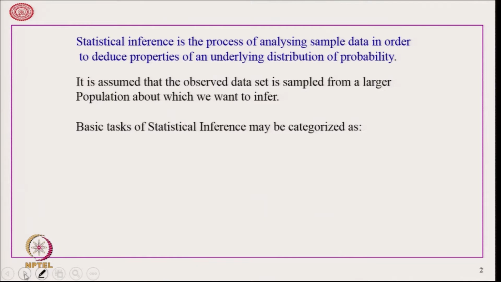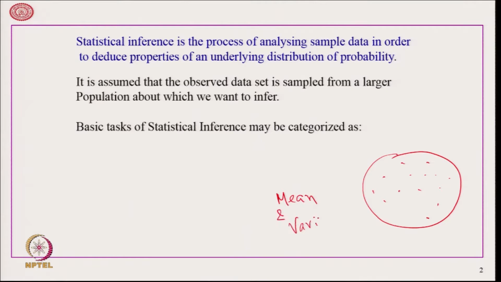Say for example, here is a population, there are individuals, the population may be very large and our aim is to understand certain properties of the population. Most important ones are the mean and variance.